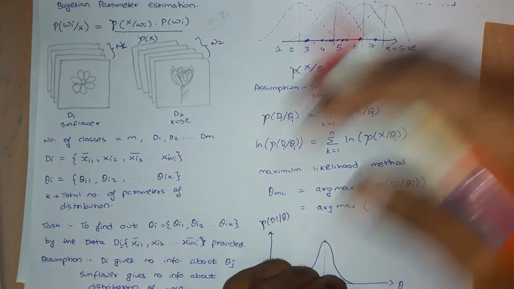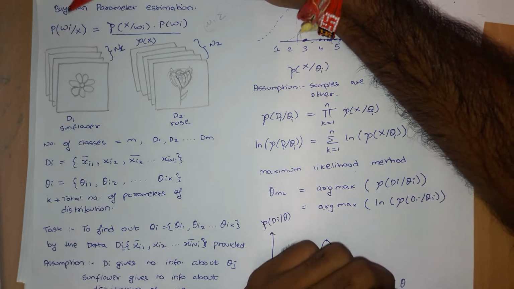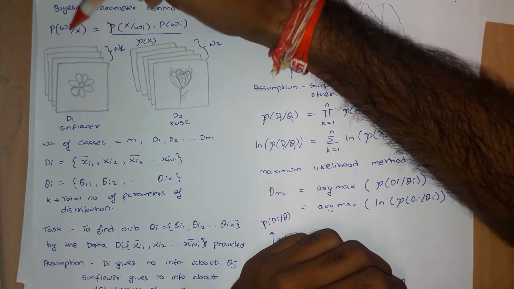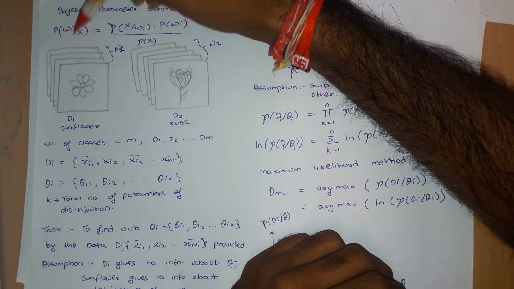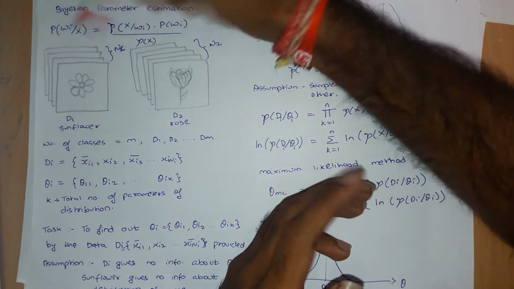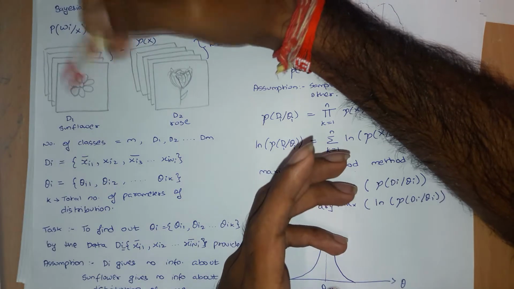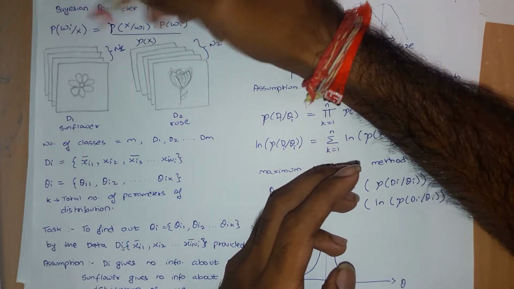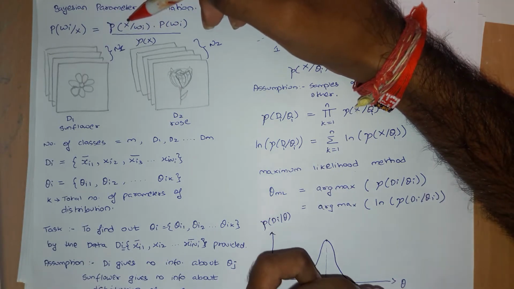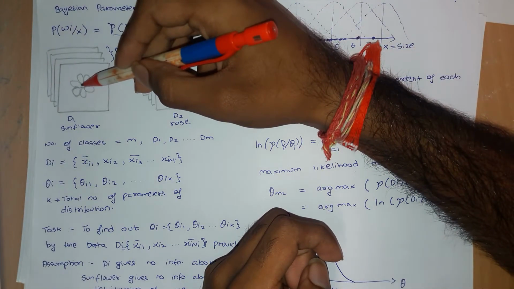So this is the task that we have to achieve, so let us see how we can achieve it. This is our normal Bayesian rule. It says that the probability of some class, in our example sunflower or rose, given some image, which is nothing but the test phase, is equal to the probability of the particular x given the class.